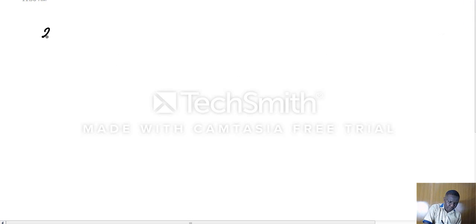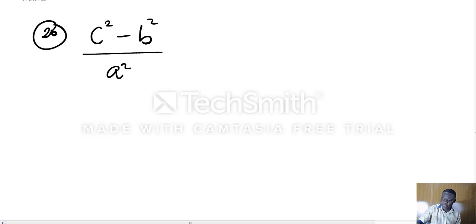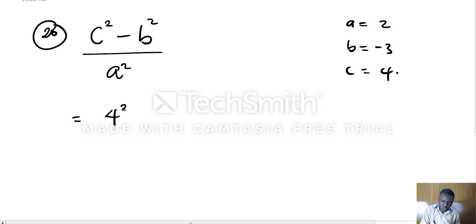Question 20 says c squared minus b squared all divided by a squared, where a is equal to 2, b is minus 3, c is 4. We substitute according to the values of a, b, and c, leaving us with c squared is 4 squared minus b squared is minus 3 squared, all divided by a squared, which is 2 squared.